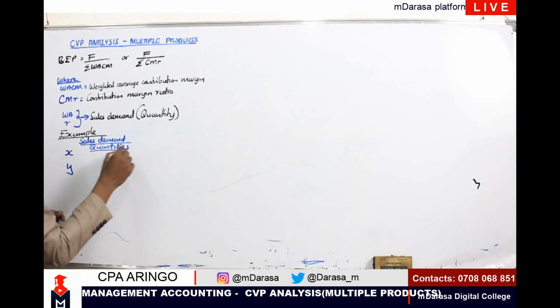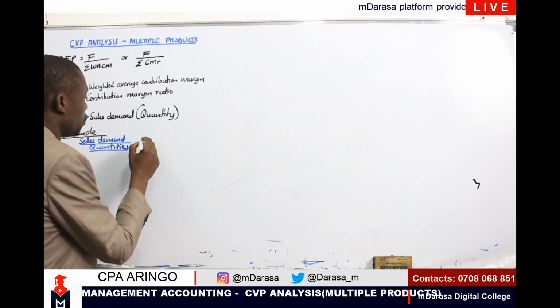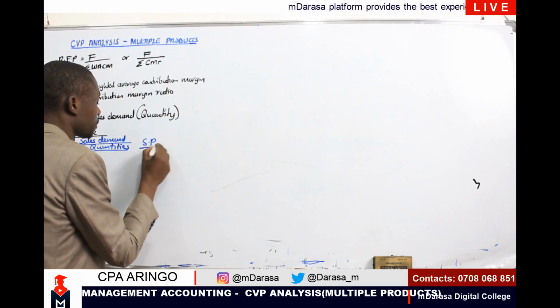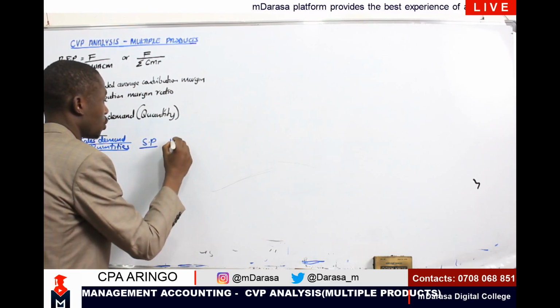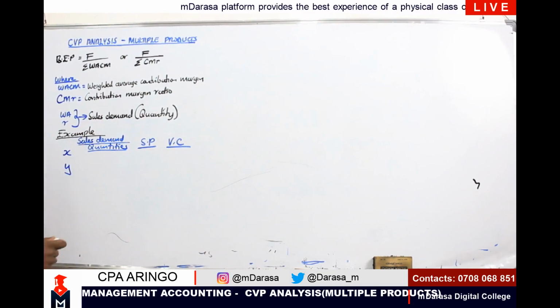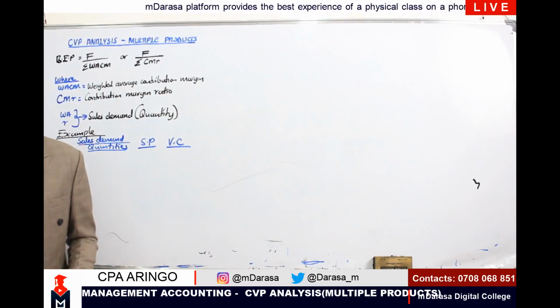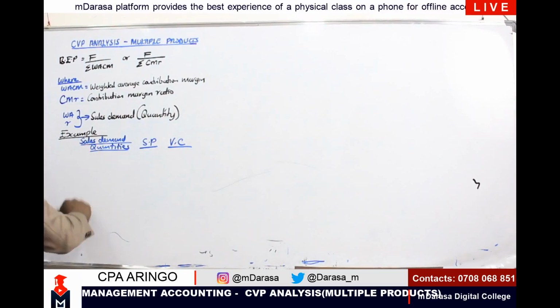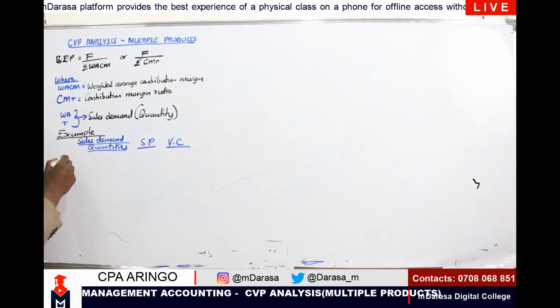We have our selling price per unit, and we have our variable cost per unit. So looking at these 2 products of ours, we have X and Y.